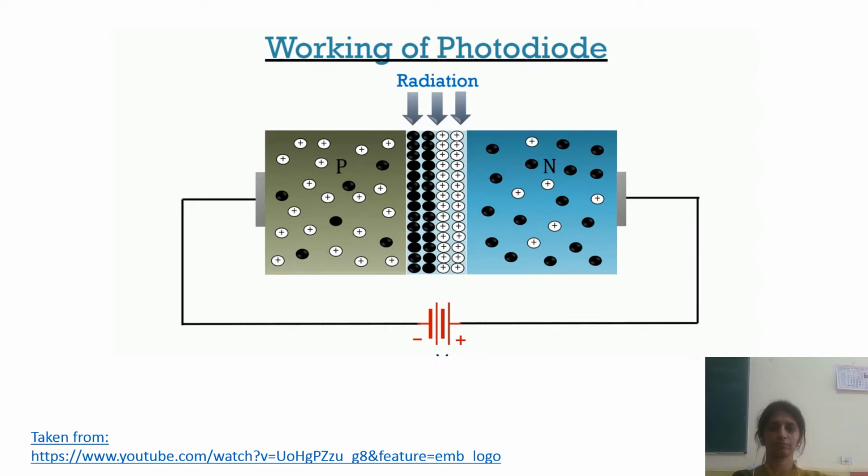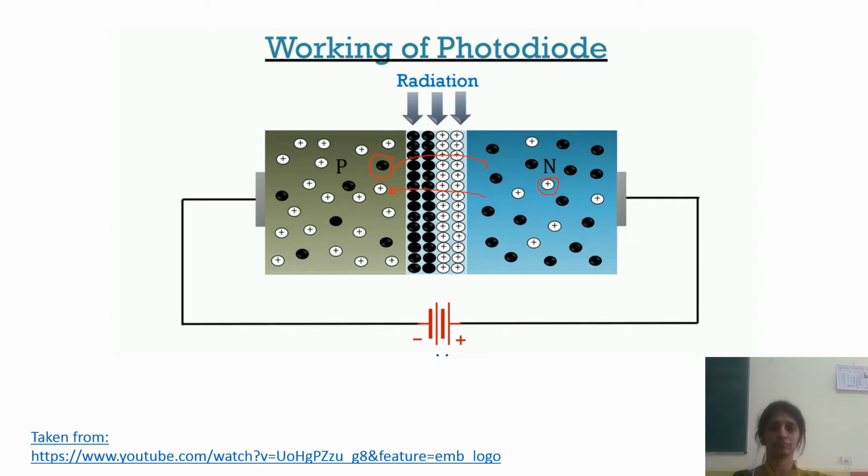The name itself indicates that dark current flows through the device in the absence of any radiation. It is due to the movement of minority carriers across the junction. Minority carriers on the p side are electrons, and on the n side are holes. The movement of these minority carriers across the junction generates a small reverse current.